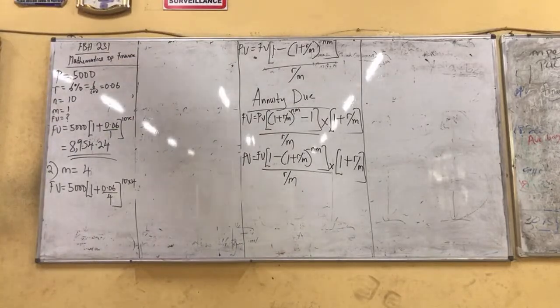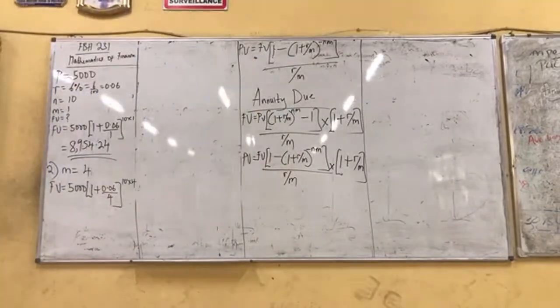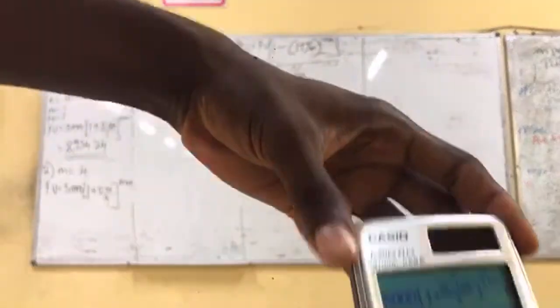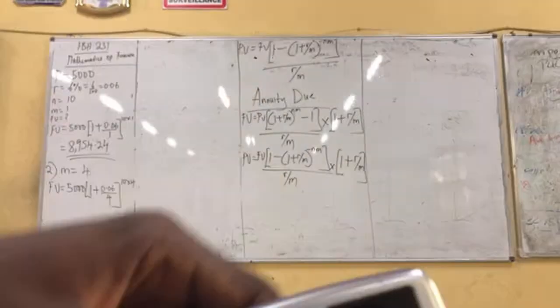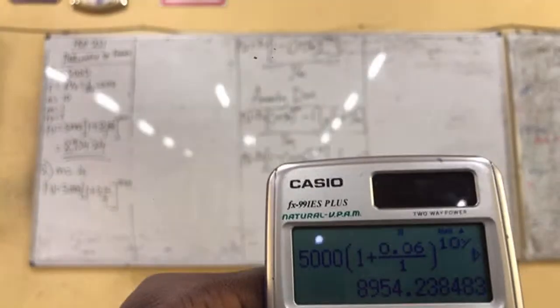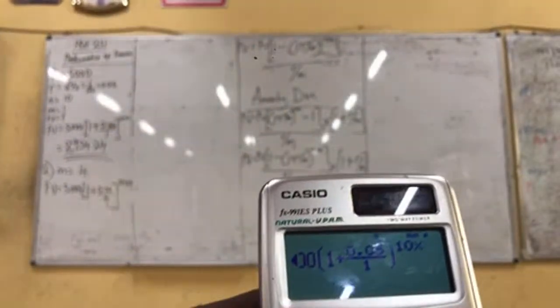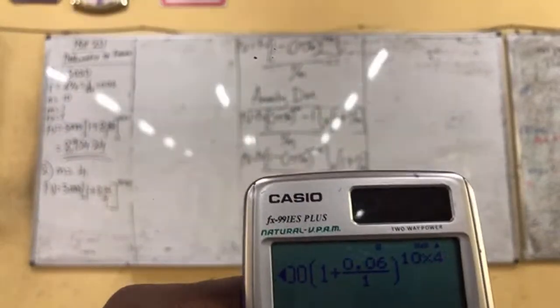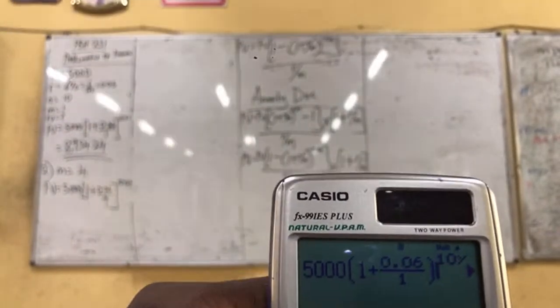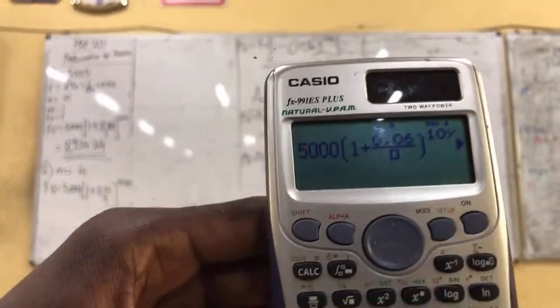So this is how you adjust it. You come here and adjust. For those that were here when I was solving the initial one, you change it to 10 times 4. You come back here and make this 4.